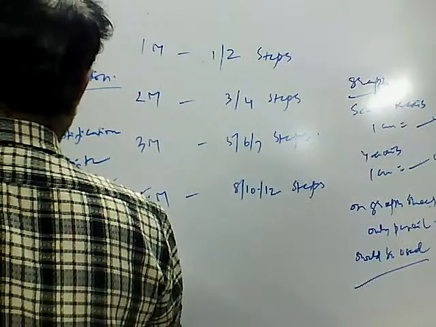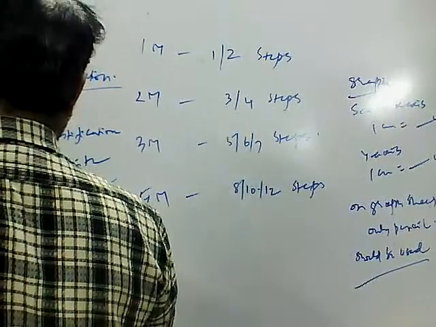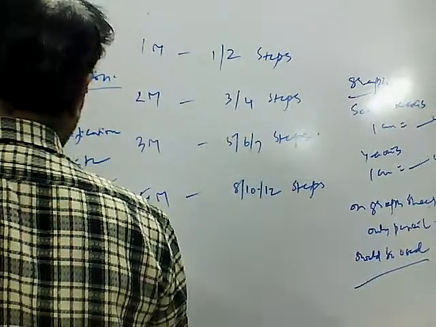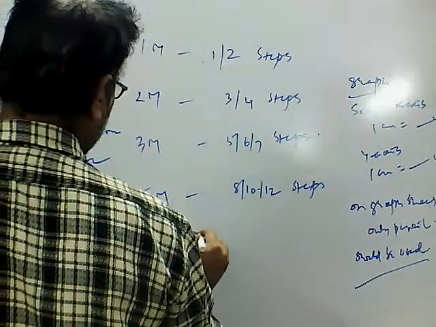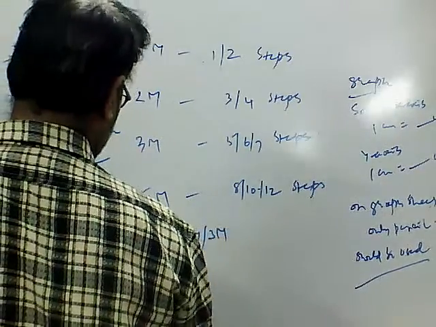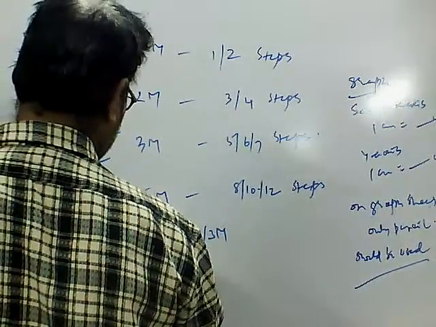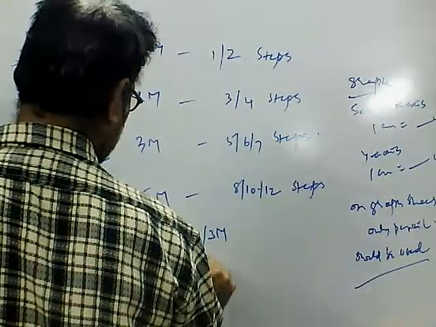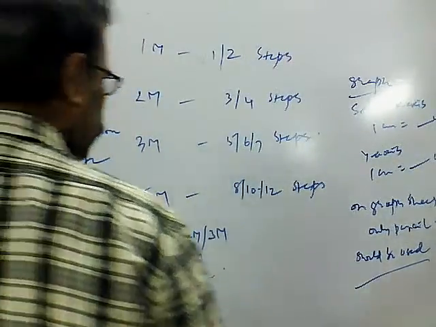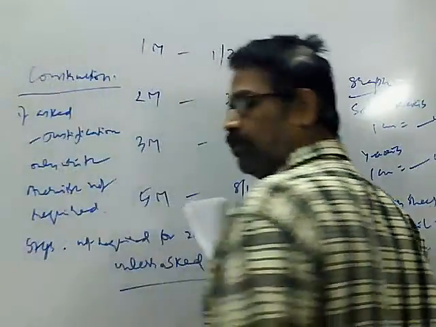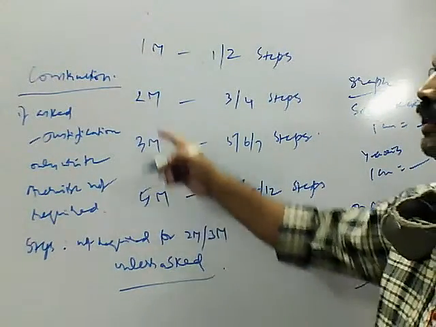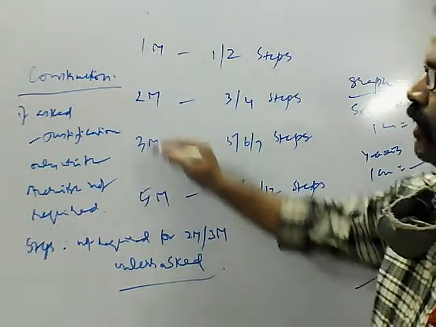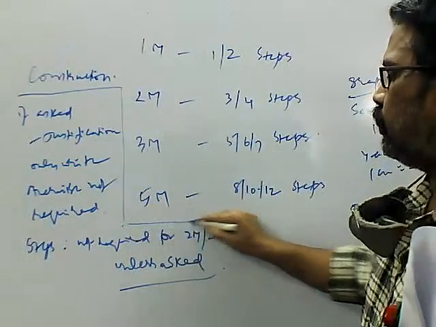Steps also: steps are not required for 2 marks or 3 marks unless asked. If they ask only, you write the steps. Justification also, if they ask only, you have to write the justification. Otherwise, not required.